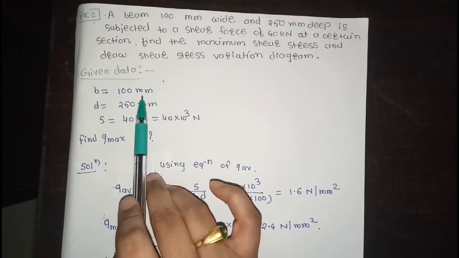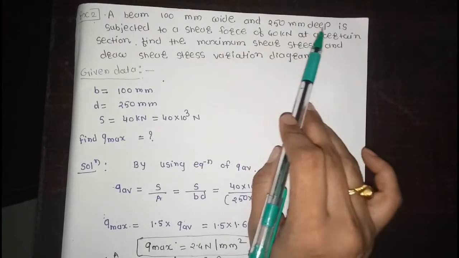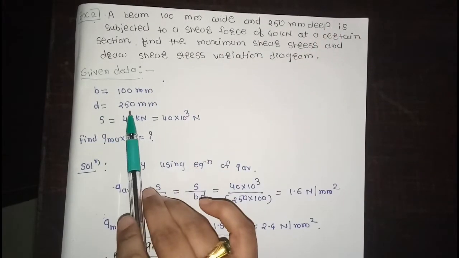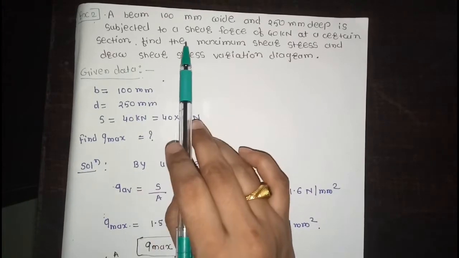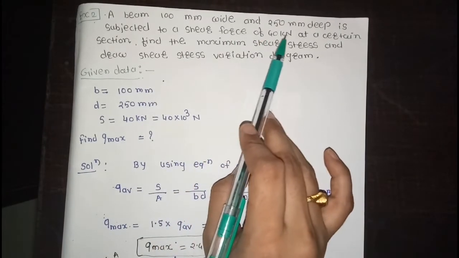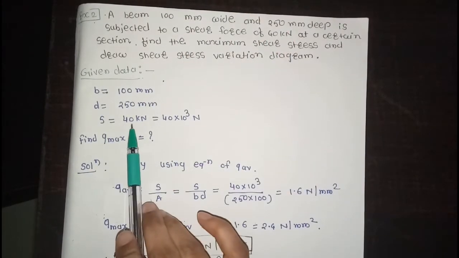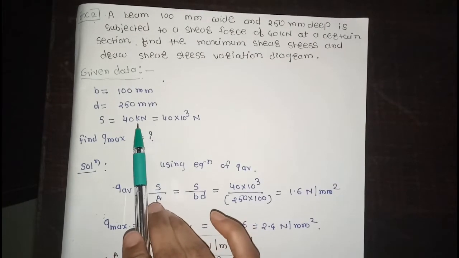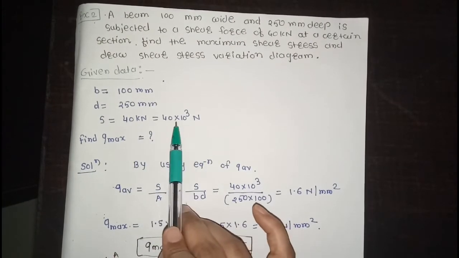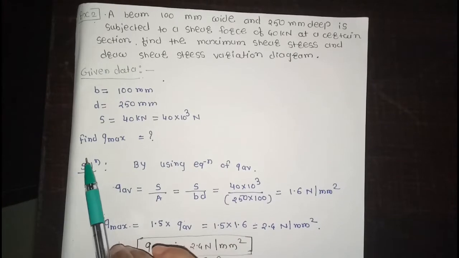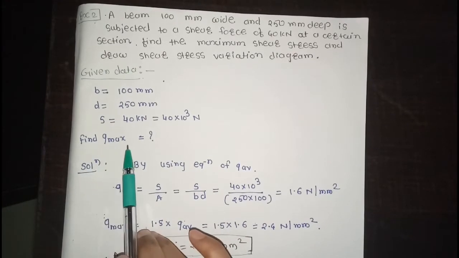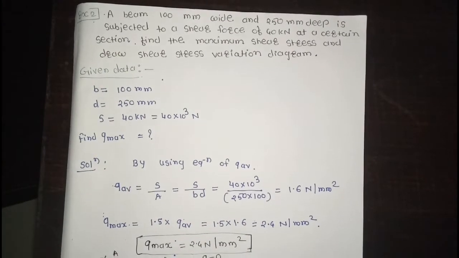B is equal to 100 mm, 250 mm deep, so D is equal to 250 mm, subjected to a shear force of 40 kilonewton, so S is equal to 40 kilonewton. Convert kilonewton into newton, multiply by 10 cube. So calculate Q max, the maximum shear stress.